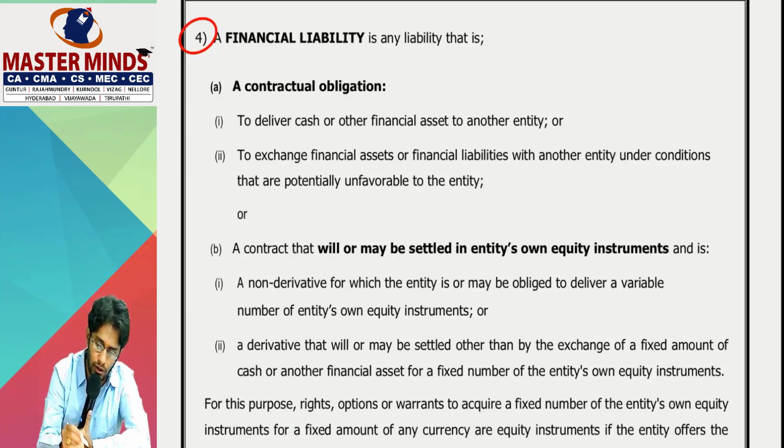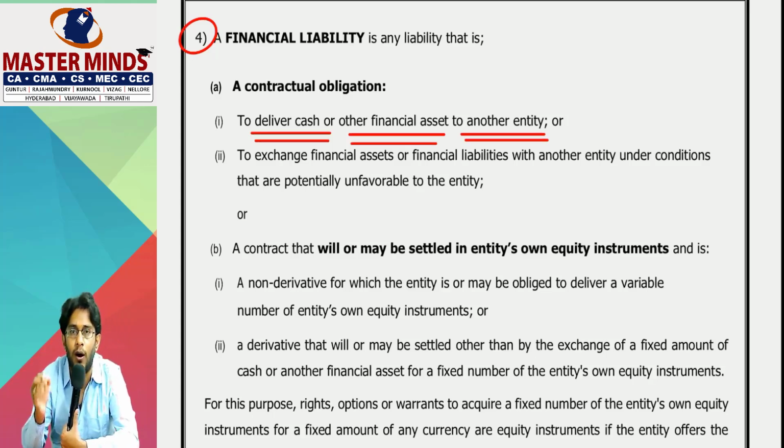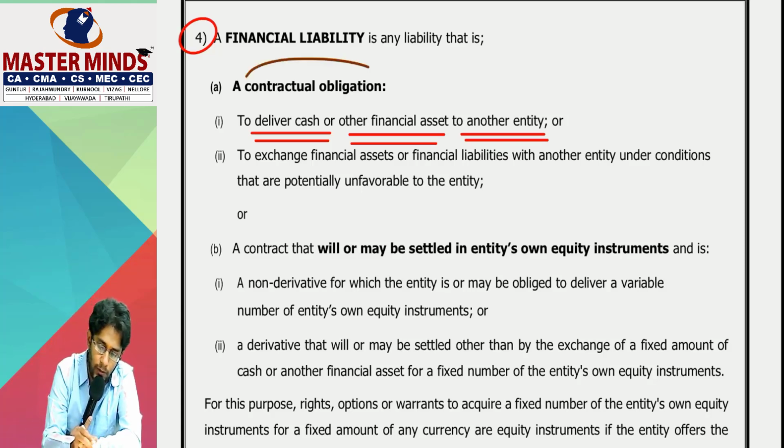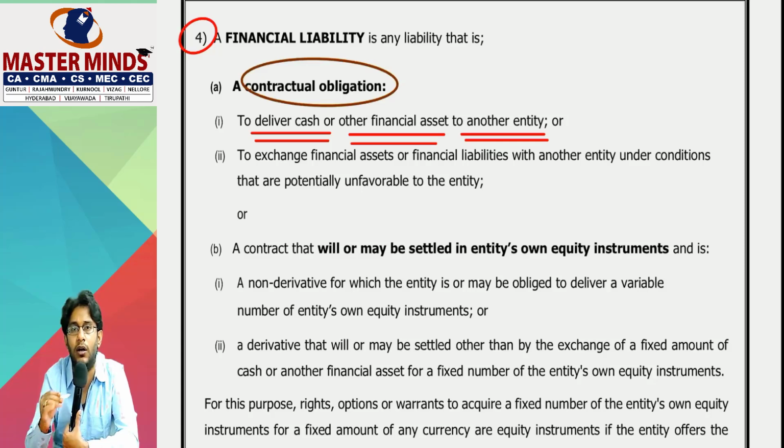So a contractual obligation to deliver cash or other financial asset to another entity. If you have an obligation to pay cash to anybody, and that obligation is a contractual obligation, or to deliver any financial asset to anybody, then this contractual obligation must be treated as a financial liability.